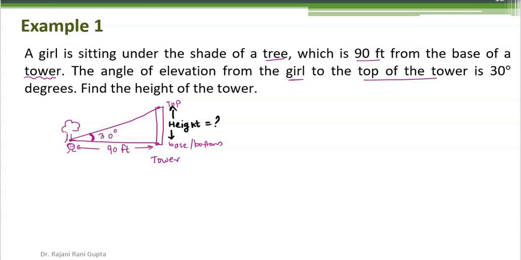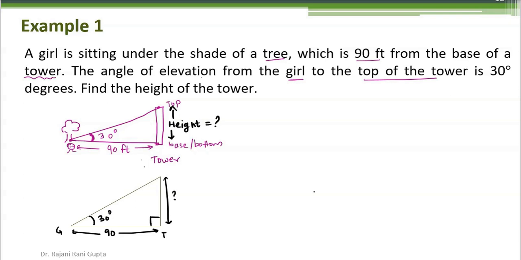If we draw it as a regular triangle, it will be like this: the distance is given, this is the girl, this is the tower. This distance is 90 feet, the angle of elevation is 30 degrees, and you have to find this value. If you remember in the trigonometric ratios, when we were finding the measurement of sine, tan, cos, we studied how to find the values.